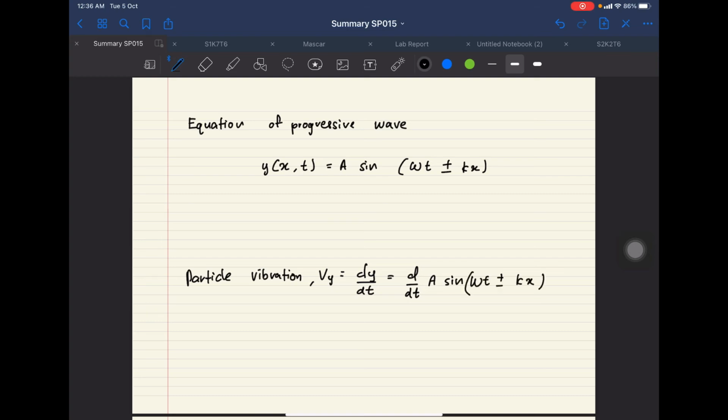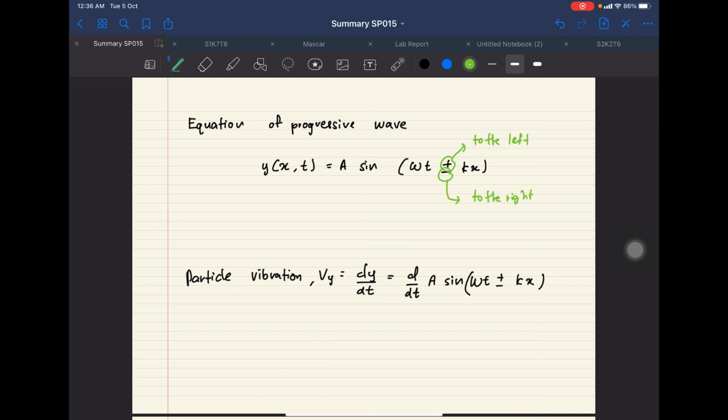Why do we have a plus minus over here? Because the plus and minus represent the direction. The plus here means the wave travels to the left. The negative means the wave travels to the right.